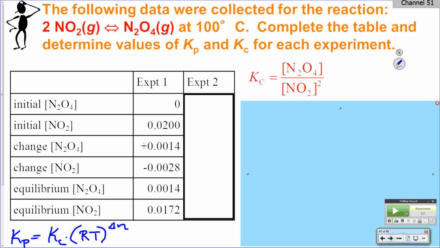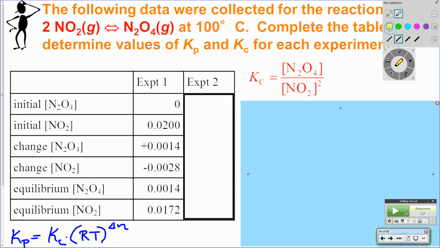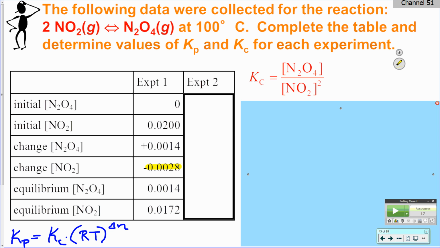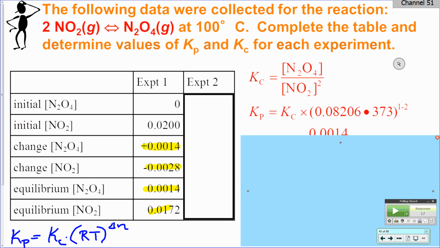On this example, we figured out these concentrations already. The change in concentration of the reactant was that it went down by 0.0028. That meant the change in concentration of the product was that it increased by 0.0014. That allows us to calculate our final concentrations. So products over reactants, the only thing I have to do is plug in my values for K sub C.